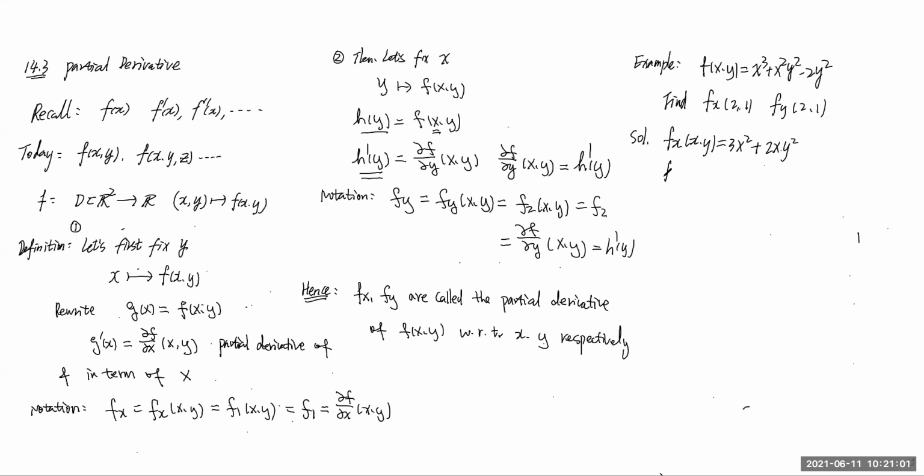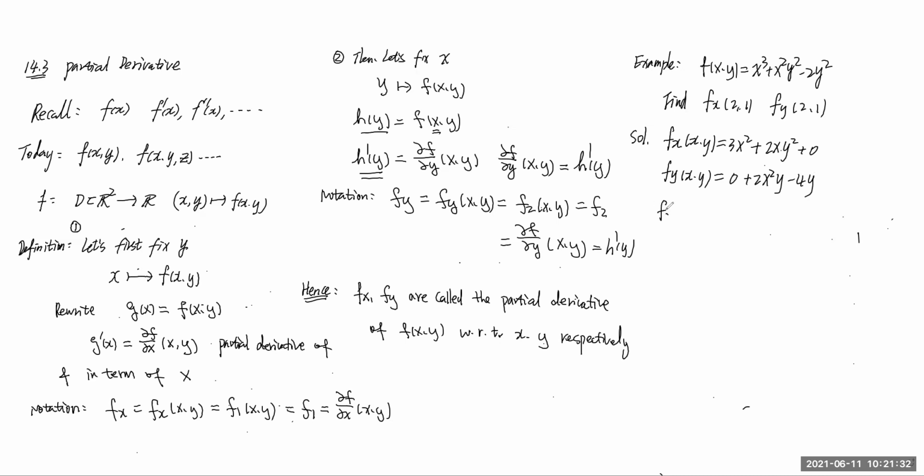Then let's compute f_y. For this, x is a constant. So you differentiate x^3 and you get 0. You differentiate y^2, with x a constant, so we get 2x^2y. For the last term, -2y^2, we get -4y.